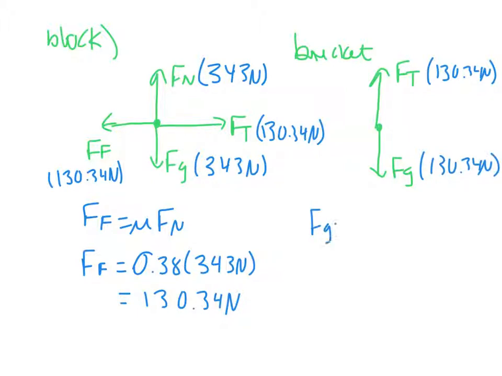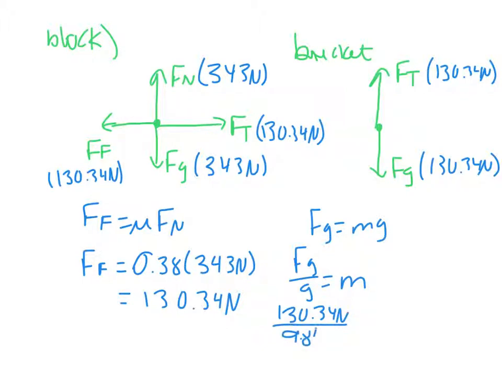Fg equals mg, so weight divided by g will give me my mass: 130.34 newtons divided by 9.8 newtons per kilogram equals the mass. So the total mass of the bucket plus the sand is 13.3 kilograms.